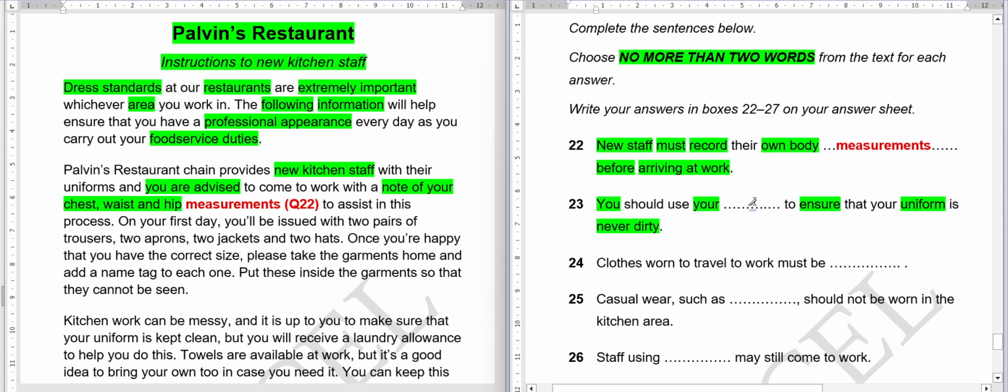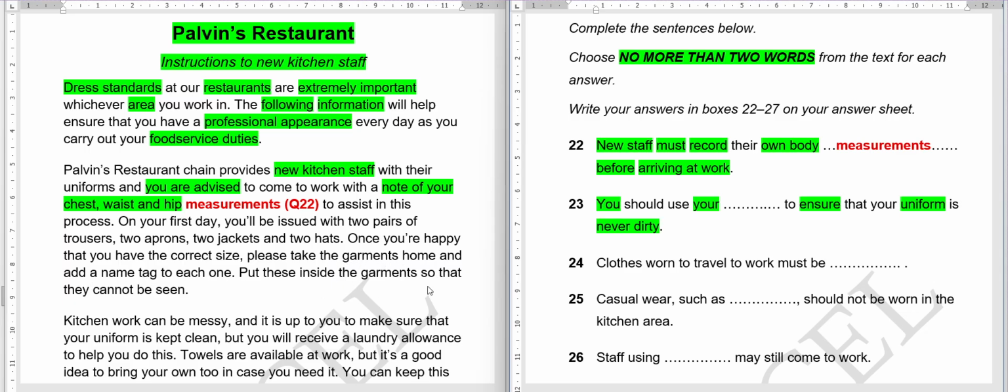Use your own washing machine, something like that. You get the idea. Never dirty basically means clean. Let's see. On your first day, you will be issued with two pairs of trousers, two aprons, two jackets, and two hats. Once you are happy that you have the correct size, please take the garments home and add a name tag to each one.